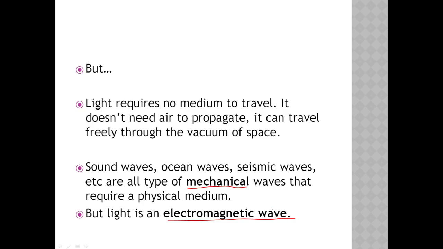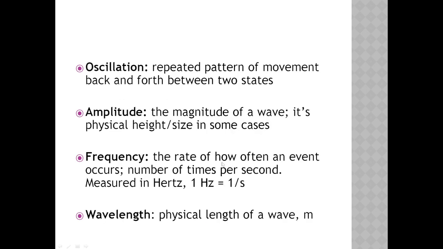So that means that light is physically made of something different to these other types of waves. And they both still exhibit wave-like behaviors. Everything you've learned about waves before is still true. For example, these are some vocab words related to waves that you've probably heard before.